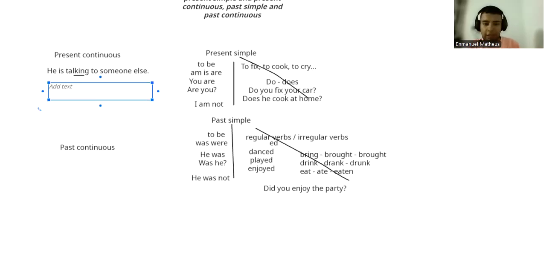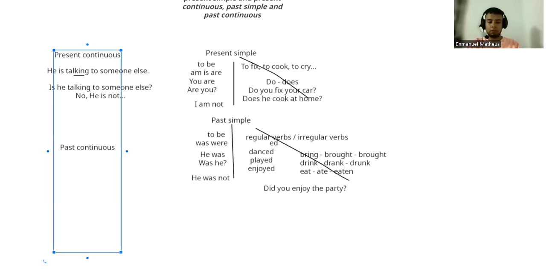So guess what? Past continuous is actually the same thing. Instead of using is or are, we use was or were. But the structure is actually the same. For example, he was crying. He was crying because he was sad.